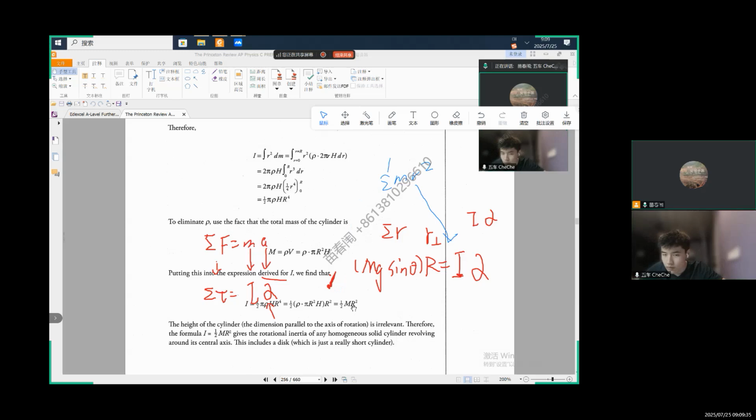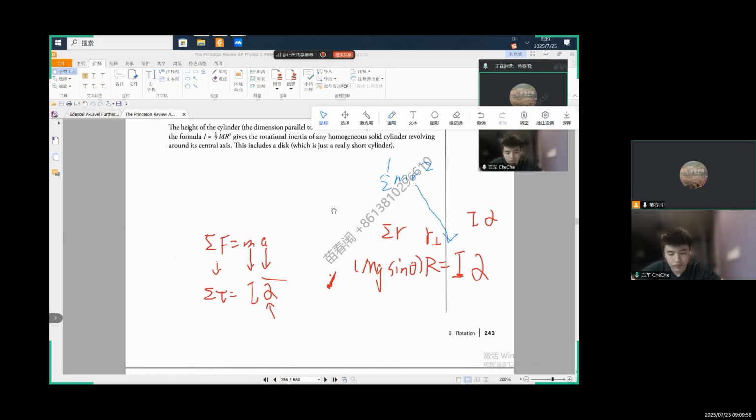So now we have the cylinder one, which is 1/2 mr squared, right? Does it make sense, the I? Yeah. And alpha, we also have something. Let me get the question.